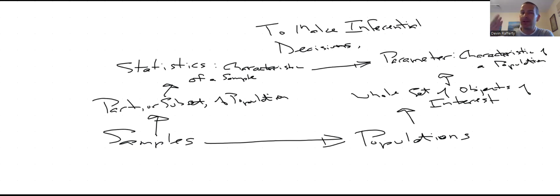However, it's impossible to actually calculate parameters. And this is the whole point of quantitative analysis. It's impossible to calculate a parameter because if you were going to look at every single car on the New Jersey Turnpike and figure out their average speed, you would have to start all the way down at the bottom of New Jersey by Philadelphia, by the Delaware Memorial Bridge.